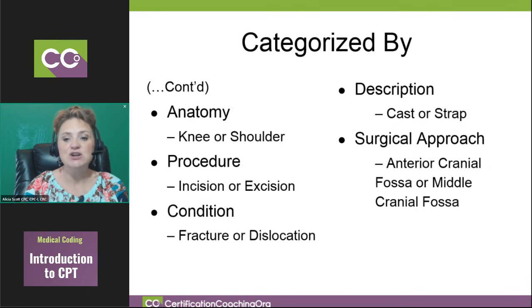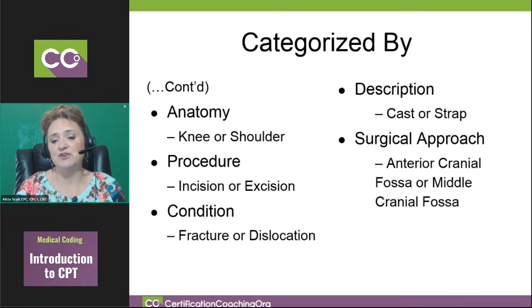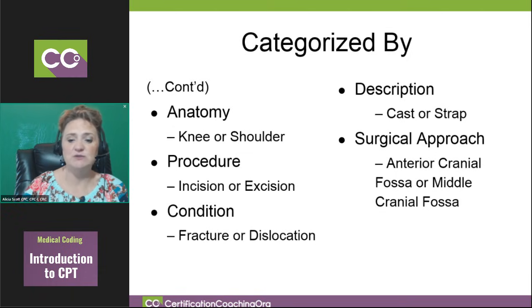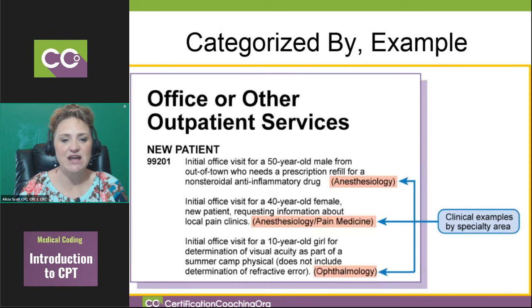We've got a fracture, so we're going to put on a cast. That's the description. What if we're going to do a surgical approach? Then it's going to give you the information. Are we going to do anterior cranial fossa or middle cranial fossa? Again, it breaks it down to a higher specificity, and that's how it's categorized.